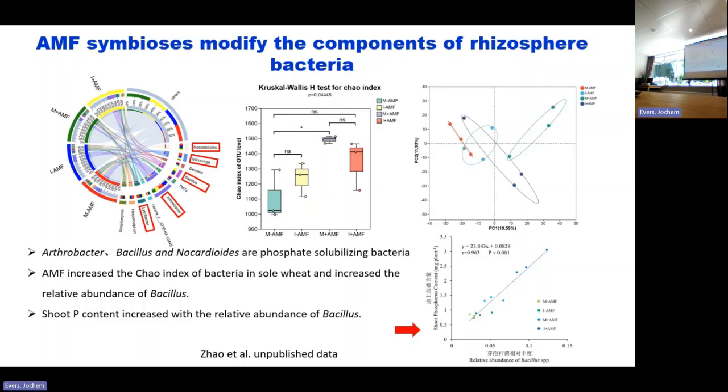But here she also found that only with AMF is there P uptake overyielding, and she found that there are also some rhizosphere bacteria when the plant is inoculated with mycorrhizal fungi, especially some phyla related to phosphate solubilizing bacteria, like Bacillus. So we think there is not only root exudates, not only mycorrhizal fungi, but also some bacteria.